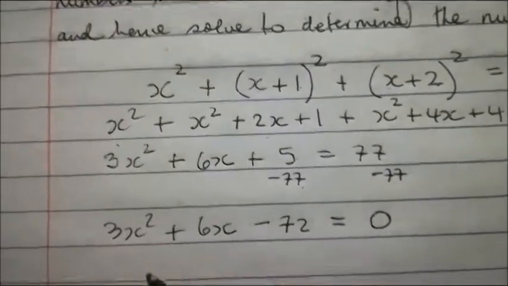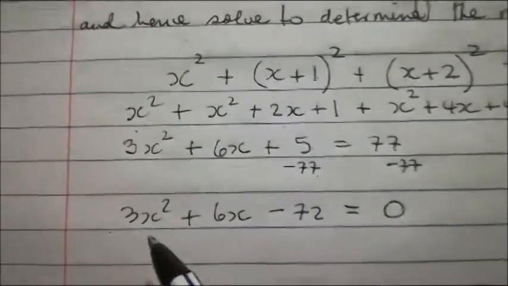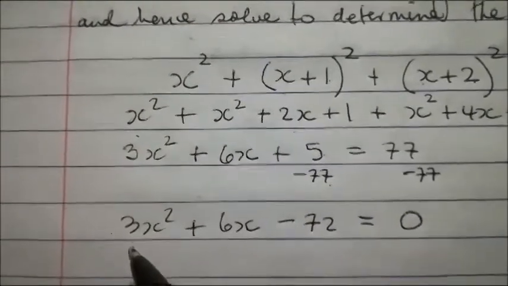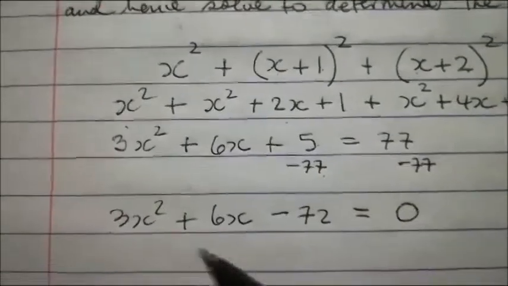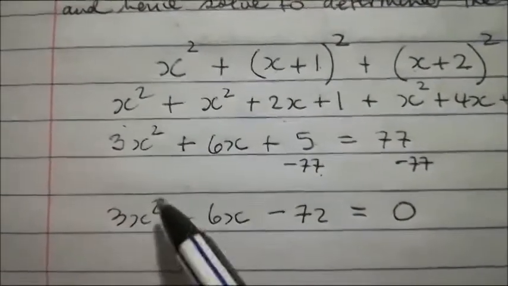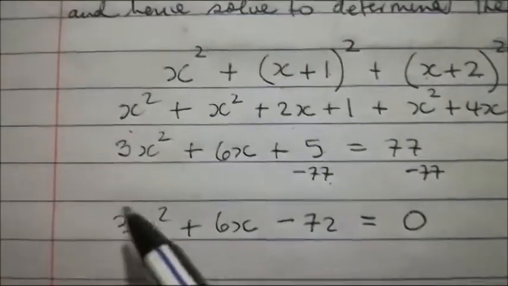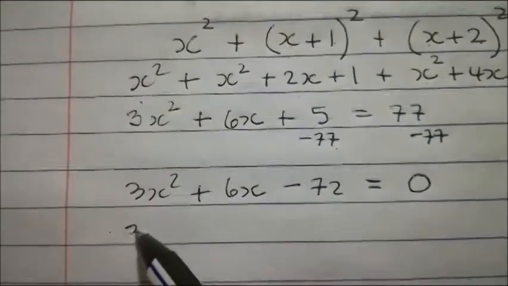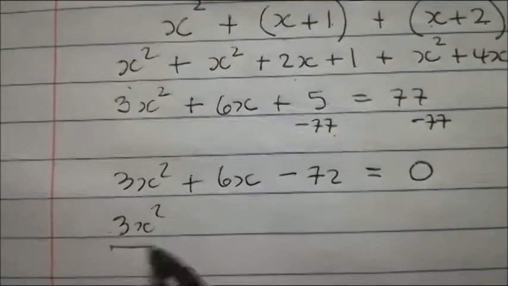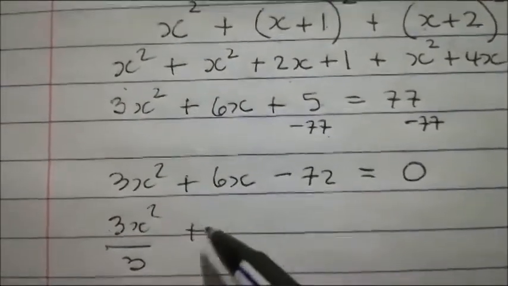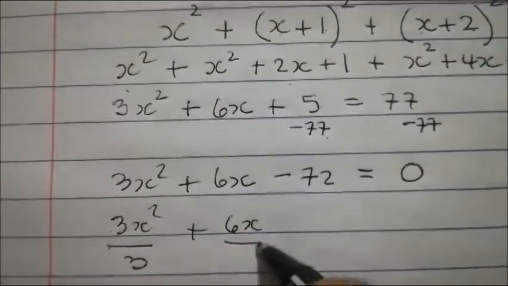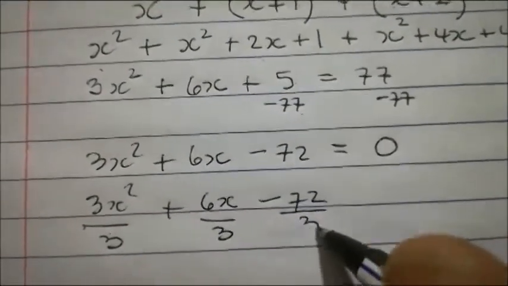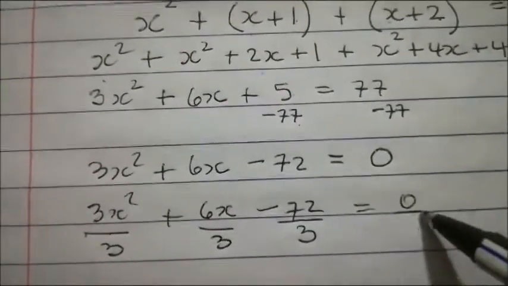Wow, so we have an equation in which the leading coefficient is 3. We don't want that kind of a situation. It looks untidy. We want the x squared to be free of any visible number. So we're going to divide everything by 3. So 3x squared by 3. We're going to also divide the 6x by 3. And we'll divide the 72 by 3. And we're also going to divide the 0 by 3.